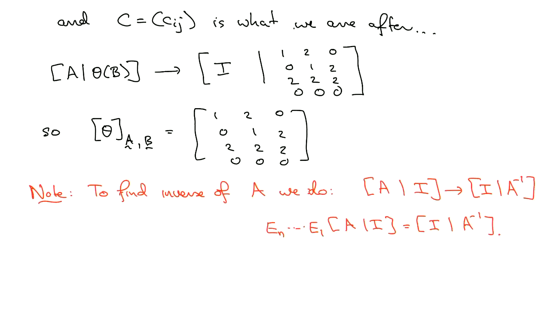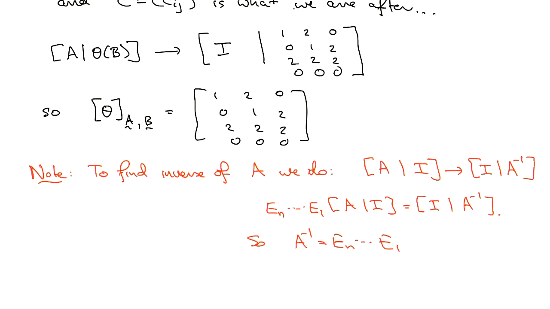What that's telling us is that the product of these E's is the inverse, because when I multiply it onto A, I get the identity. Or think of it more clearly: multiply it into this component and it becomes the inverse.